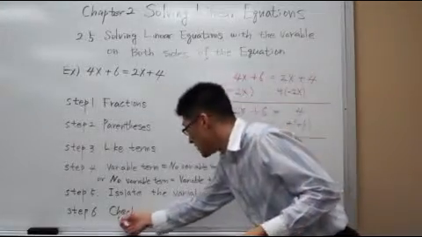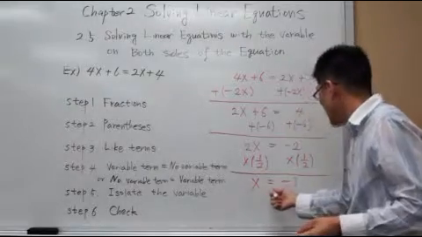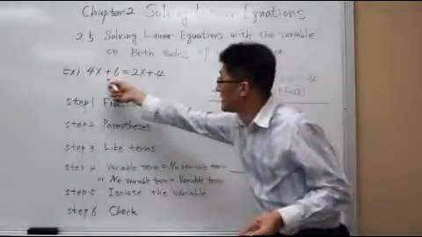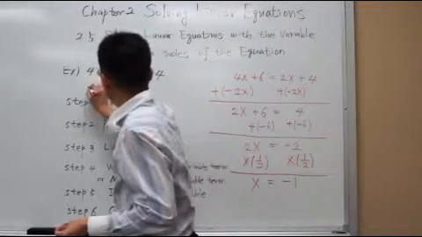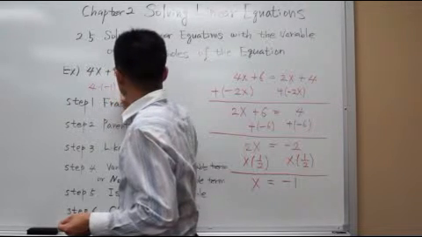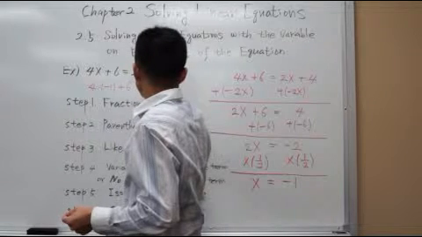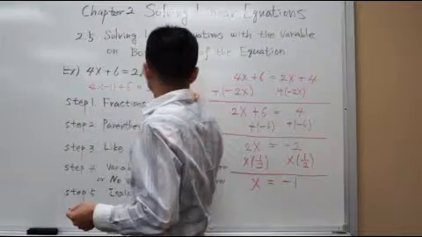The last step is, using the original equation, we need to check x equals negative 1. Once you plug in x equals negative 1, we have 4 times negative 1 plus 6, and 2 times negative 1 plus 4.